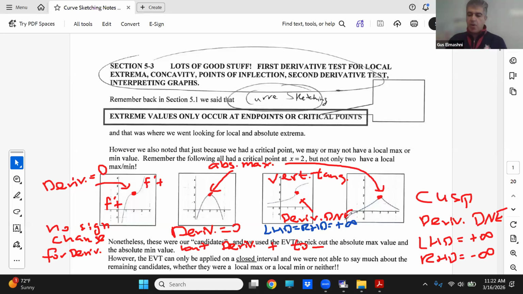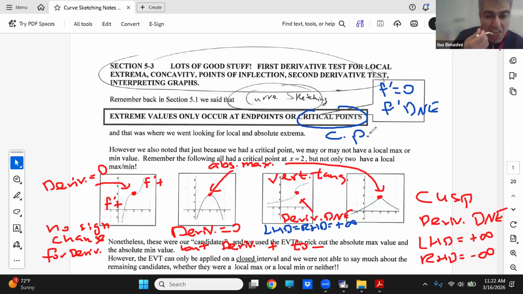So each of these times we call these critical points. A critical point is when f prime equals 0 or f prime does not exist. Sometimes we label them as CP, critical points, because they are critical. They matter. We care about them.